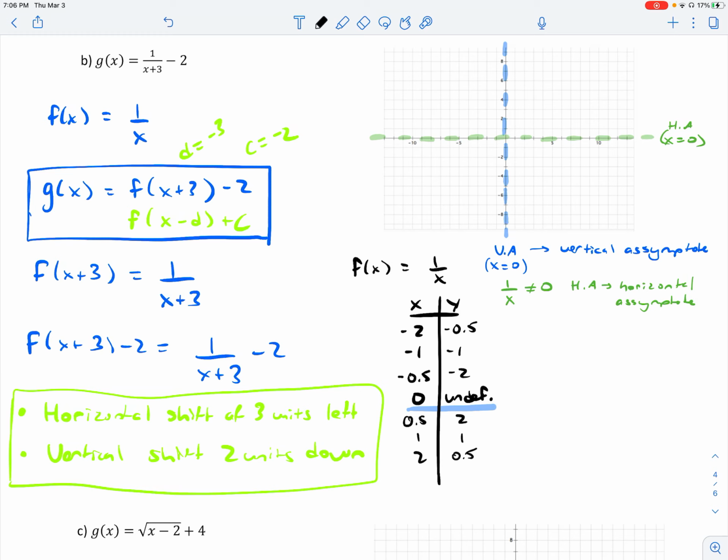Let's throw those points down in the graph. Let's start with the top ones. Negative 2, negative a half, that will be here. Negative 1 is here, and negative a half, negative 2 is right there. Okay, I can start to draw this curve. Oh, try that again.